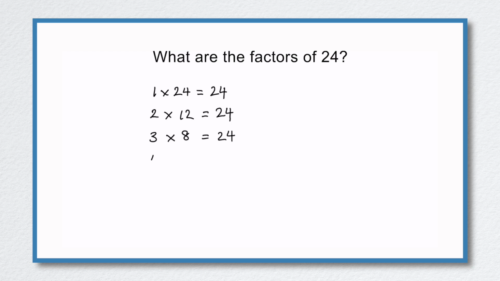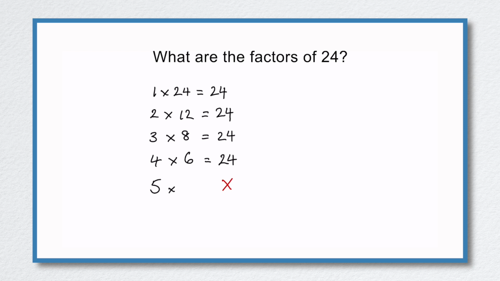Moving on to 4. Well, 4 multiplied by 6 is equal to 24. So 4 and 6 are factors. Moving on to 5, well, 5 actually doesn't go into 24 exactly. So 5 isn't a factor.